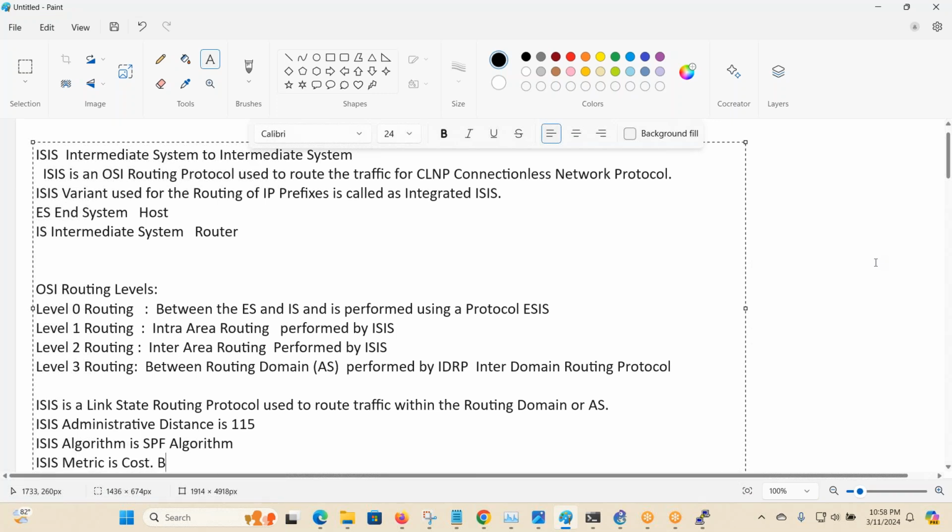So by default, each link's cost is 10. So for proper routing, we have to set these costs according to our routing policy.